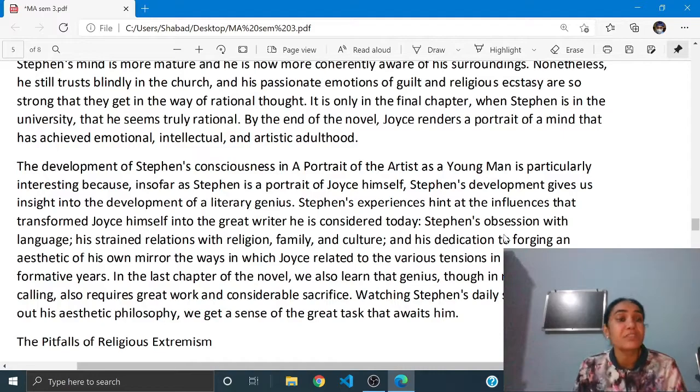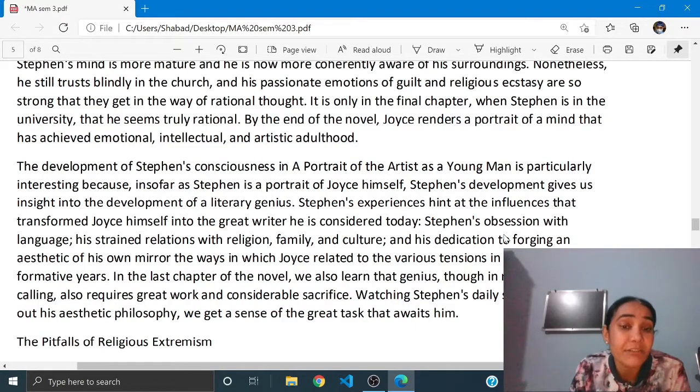Stephen's obsession with language, his strained relations with religion, family, and culture, and his dedication to forging an aesthetic of his own mirror the ways in which Joyce underwent these things, and the various tensions in his life during his formative years as an artist.